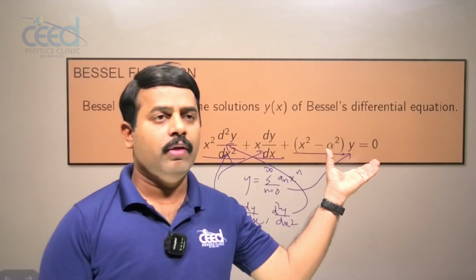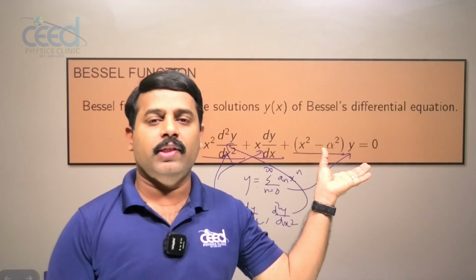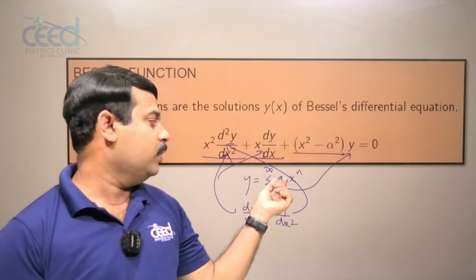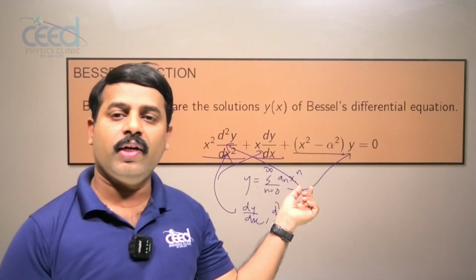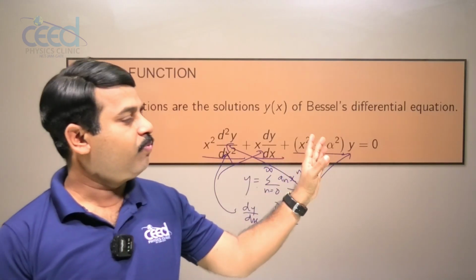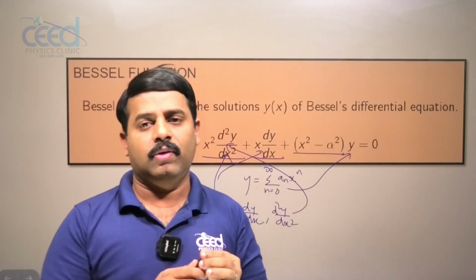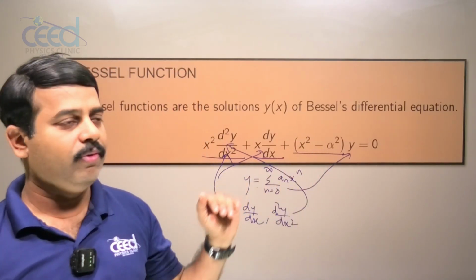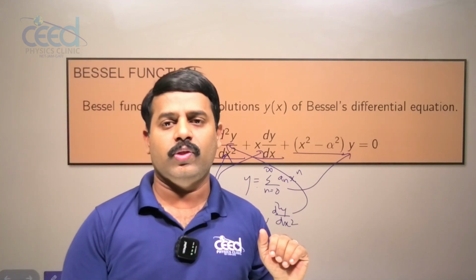By substitution we get a generalized equation to solve the coefficients a0, a1, a2, etc. Then we can solve for the final solution for y. That is the method we have studied in the series solution method.